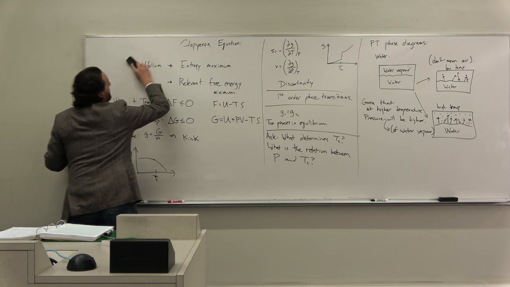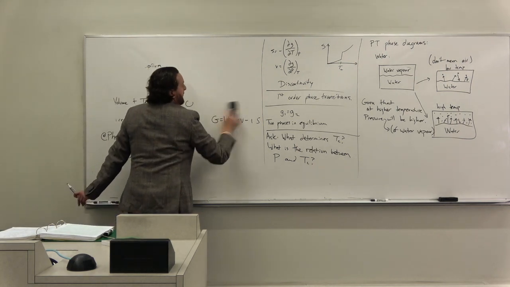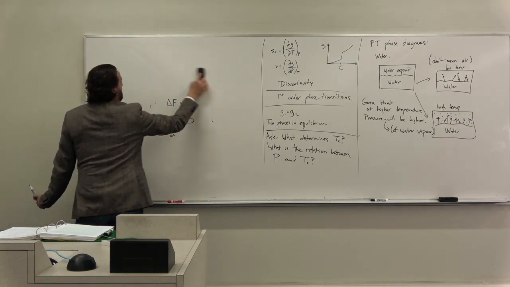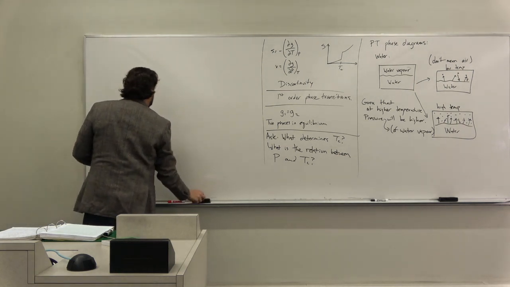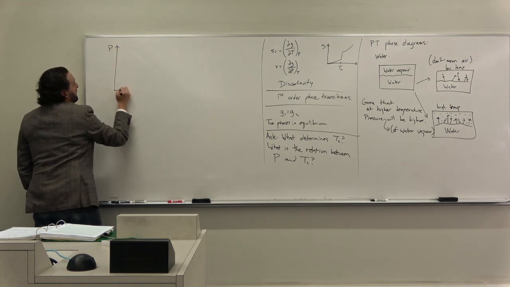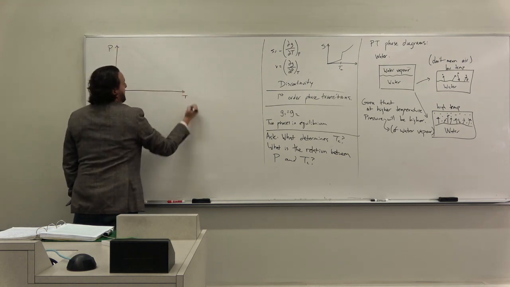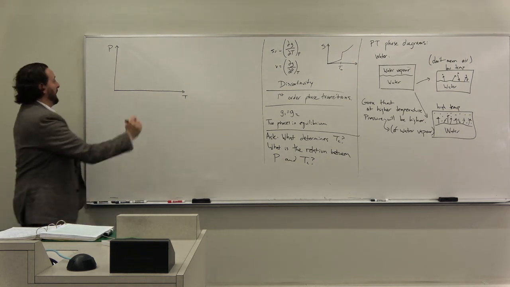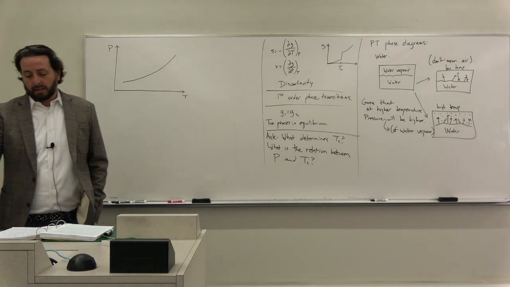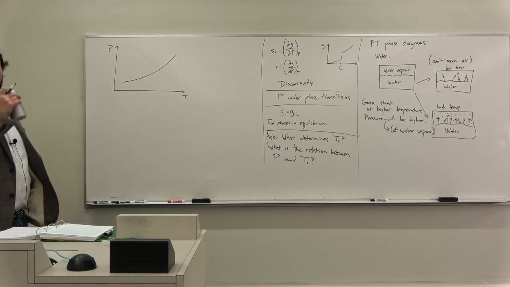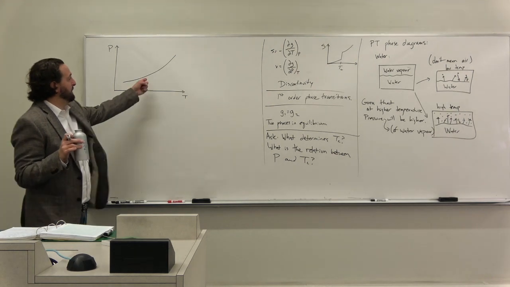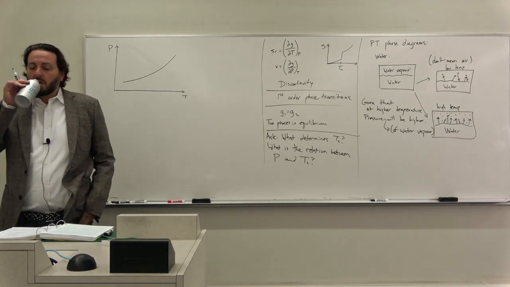All right, so let's imagine drawing something like that. So some pressure-temperature phase diagram. And I'm just going to pretend it's some kind of curve that I don't know what it is, and that's what I'm trying to find out. I'm trying to figure out what is the shape mathematically of this curve.